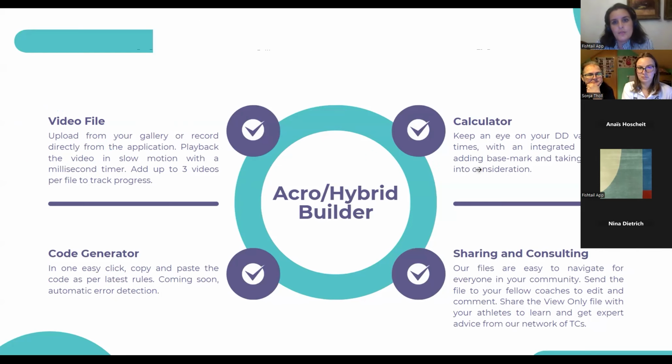It helps you with the calculator that does the DD value, even with the factoring and with the base mark and all this into consideration. And it helps you to share and consult with TCs and maybe other coaches who are within your network. So these are the main key points of how Fishtail app can help your club or you during the competition.